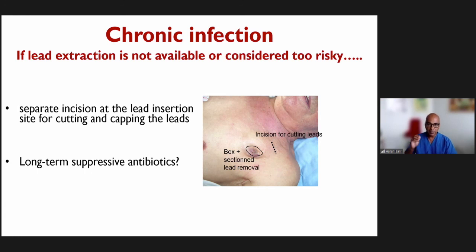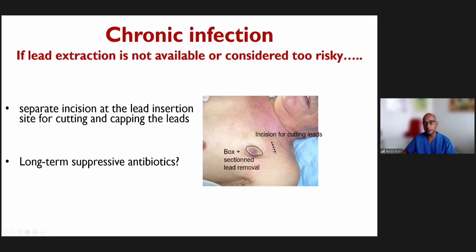And if this patient has a chronic infection, such as this patient here, there is a possibility. This is actually not recommended anywhere, this is just my own personal recommendation: to perform an incision at the level of the leads, to cut the leads in a potentially clean zone, to cap the leads here, and then to perform a second incision to extract the generator and the leads via the pocket.